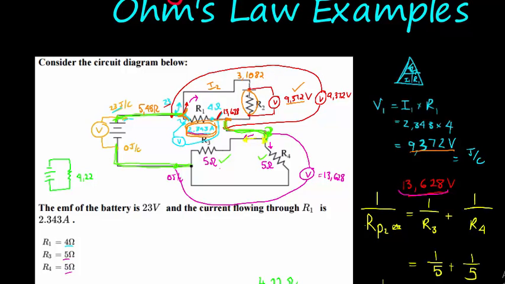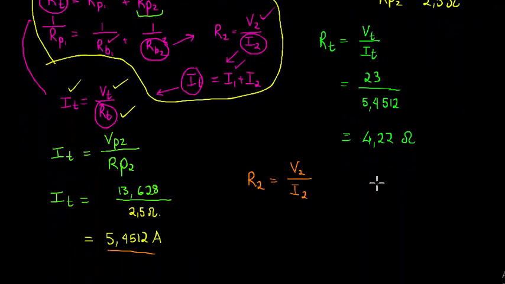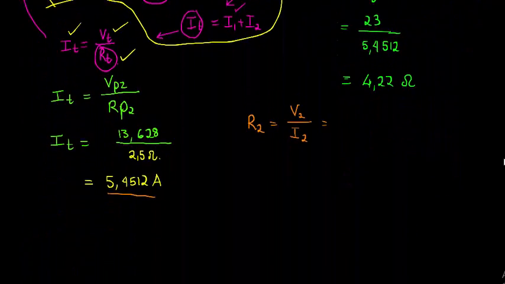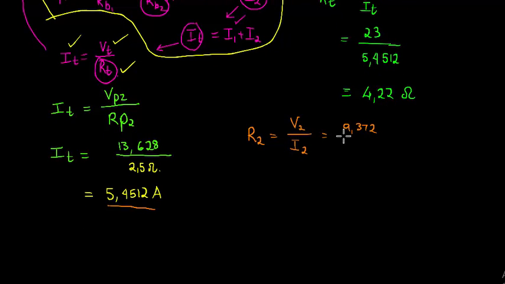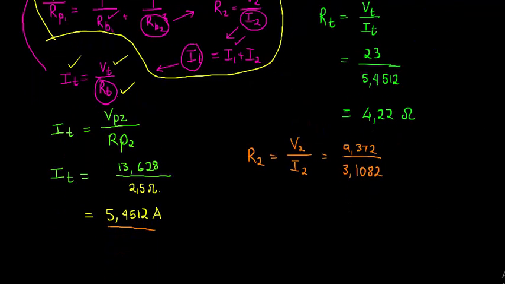But into R2 every second we'll have 3.1082 coulombs per second. So here the voltage, each one of those coulombs spends 9.372 volts or joules. In there goes 3.1082. There we go, that's correct.